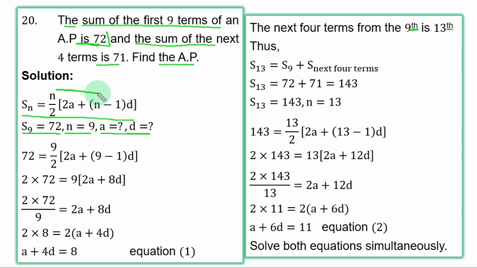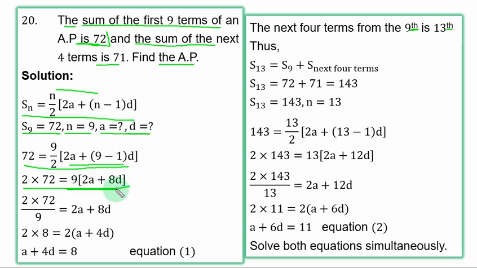In this formula, you replace n with 9 and s sub 9 with 72. Multiply through by 2 to clear the fraction, and you simplify the bracket. So here becomes 2a plus 9 minus 1 is 8 times d. You have it in this form.